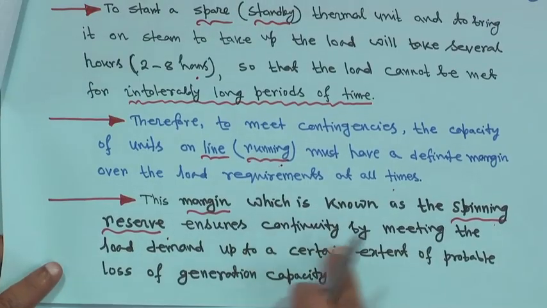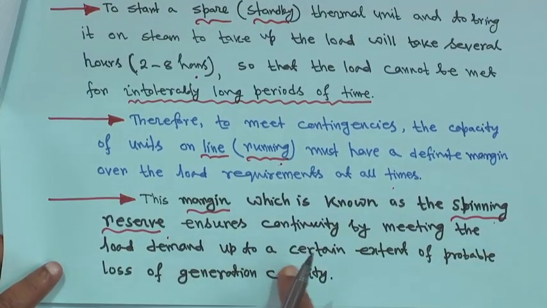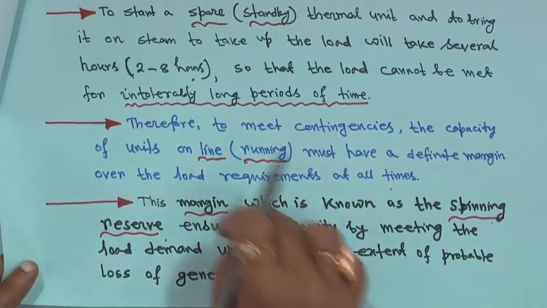So that ensures continuity in meeting the load demand up to a certain extent of probable loss of generation capacity. Everything I am telling you from my mouth is written here as well, so you will go through it, and it will be easier for you, right. While rules of thumb have been used based on past experience to determine the system spinning reserve and time, when you are working somewhere you will find that the operators at your power station are more experienced.